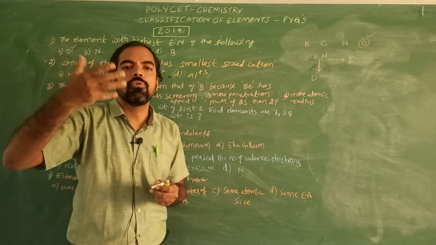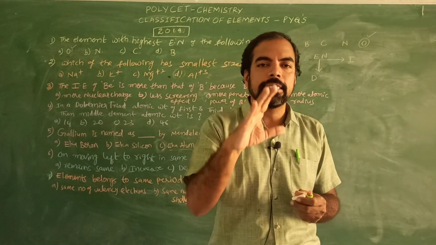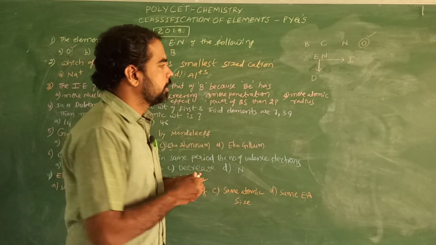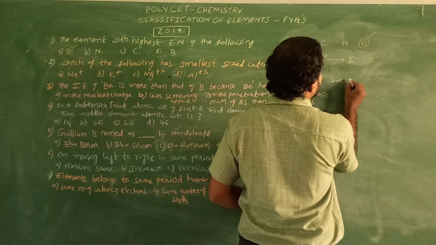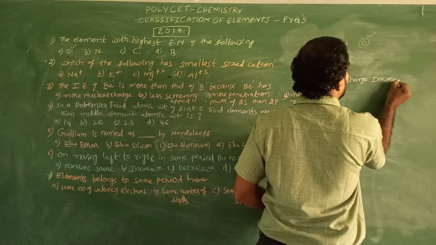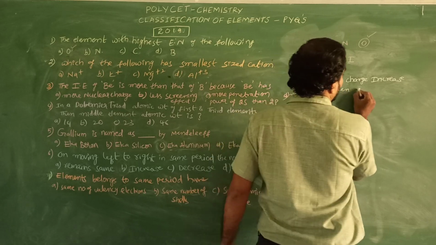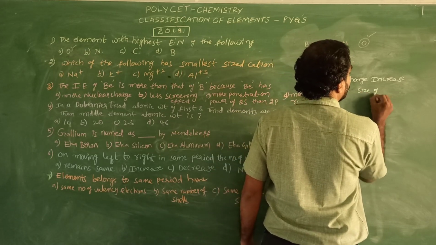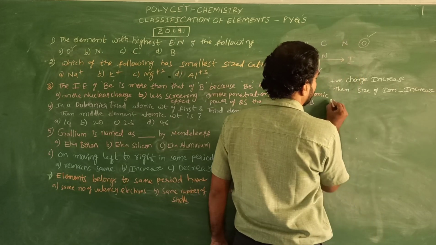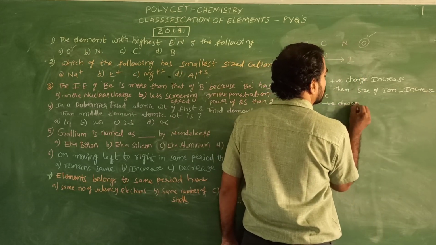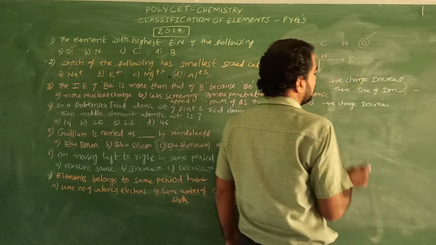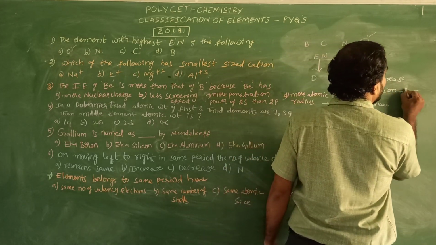Whereas as negative charge increases, ionic size increases. So remember: positive charge increase, then size of ion decreases.